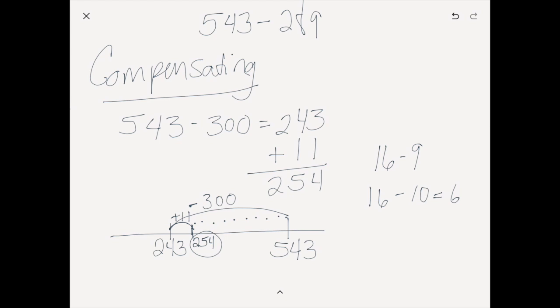But the tricky part is a lot of kids don't know, what do I need to do, right? Well, again, put it into a context, have them model it, get out the 16 blocks and take away 10 and talk about what should I have taken away and how do I need to fix it. That's why I call this compensating, is because you did something you weren't supposed to do. So now you need to come back and compensate for it. I subtracted one more than I was supposed to. So I need to give that one back to compensate for what I did.